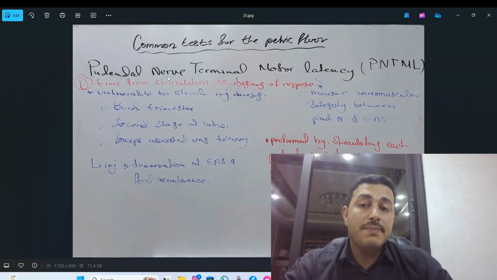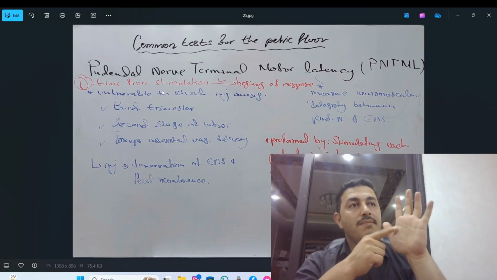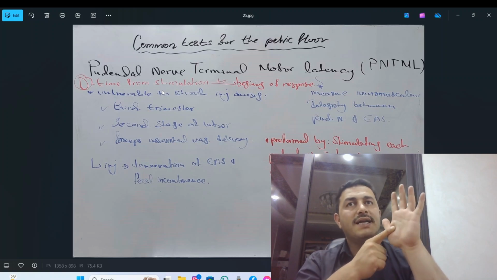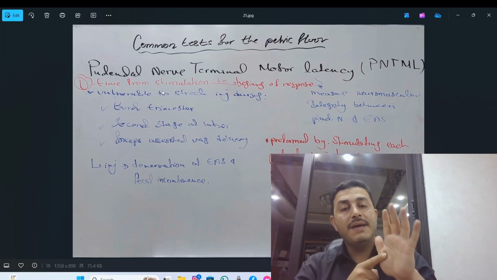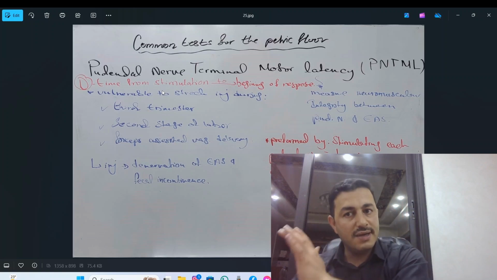So what do we mean by pudendal nerve terminal motor latency? It's the time from stimulation to the beginning of the response, which we said should be less than 2.4 milliseconds. The response is the contraction of the external anal sphincter.